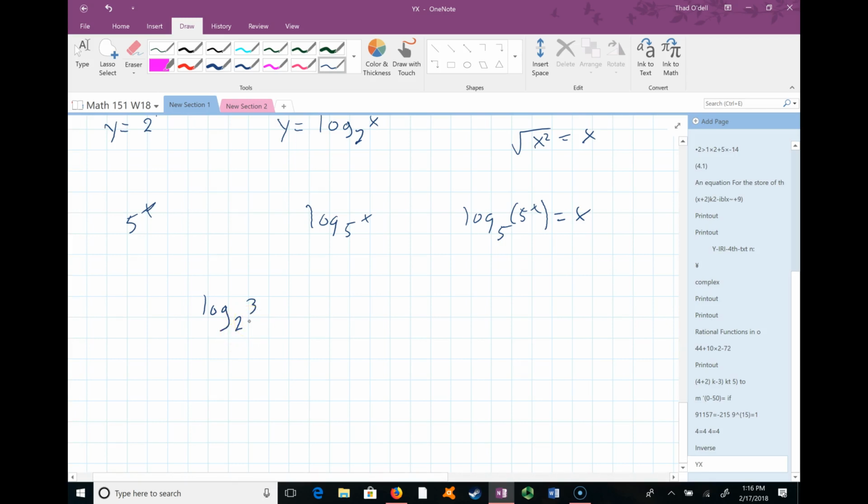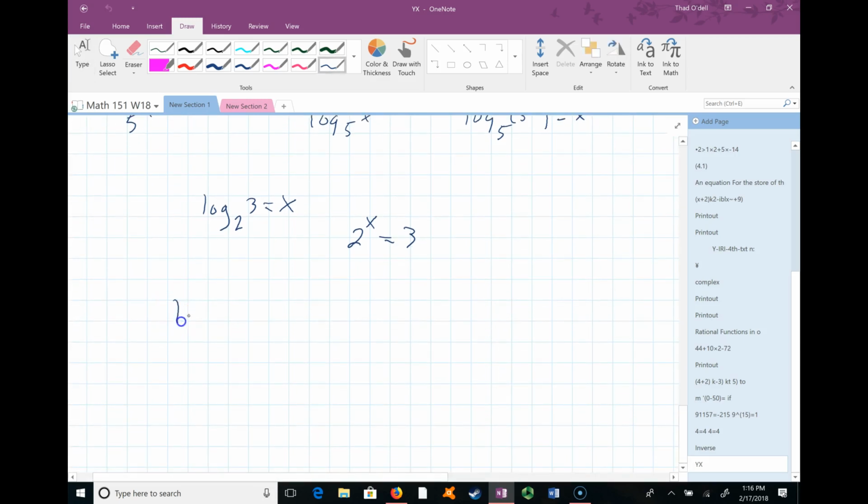This is talking about the power, or the answer in a sense of an exponential equation, and then this, if I don't know it, that is considered the exponent. So in other words, if we want to write this in exponential form, we would say the base is 2, the exponent is x, and that's equal to 3. Okay? So that's taking a logarithmic expression and writing it in exponential form.